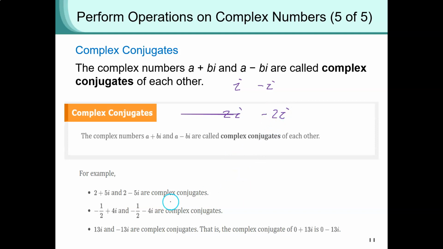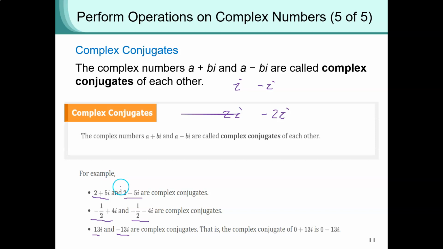When you have one solution 2 plus 5i, that means 2 minus 5i must be a solution. When you have negative half plus 4i, that means negative half minus 4i is another solution. They come as a pair. Always, always. When you have solution 13i, that means negative 13i must be a solution.